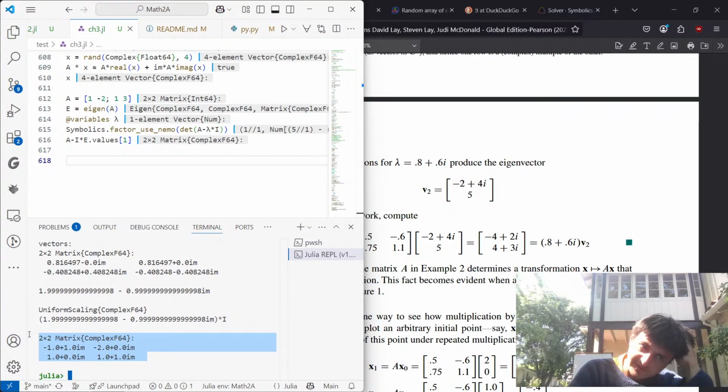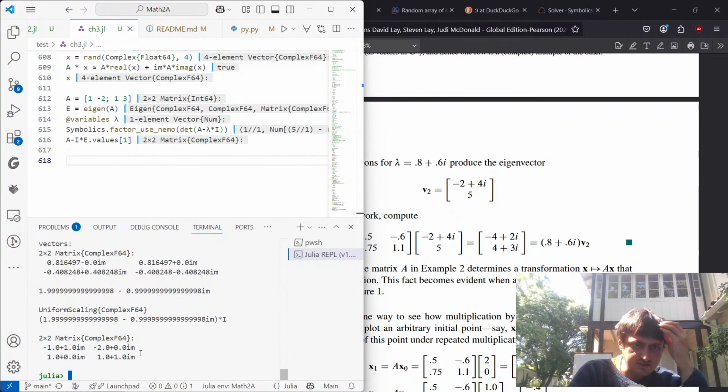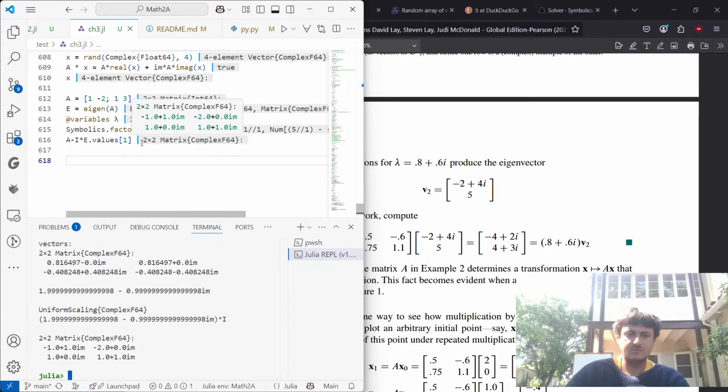Now the null space of that matrix, wait, I thought it was supposed to be the same. Okay, wait, so A minus lambda 1 I is equal to, and it's going to be minus 1 plus i, minus 2, 1, and 1 plus 1 i.